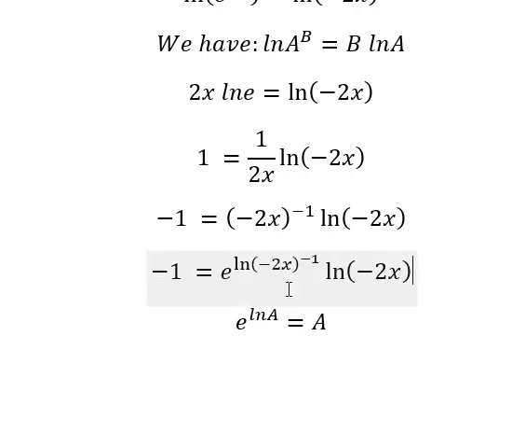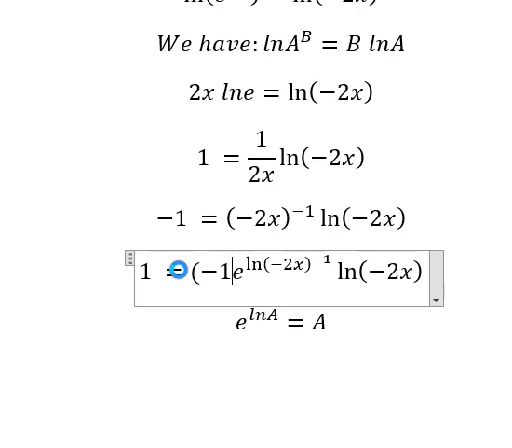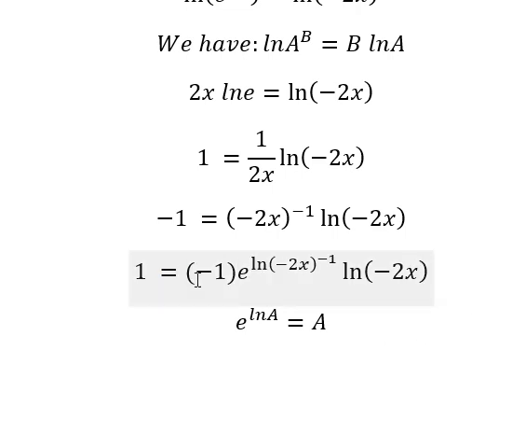So we need to put negative go to the right. So we have like this. So we put negative number 1 go inside about natural log in here.